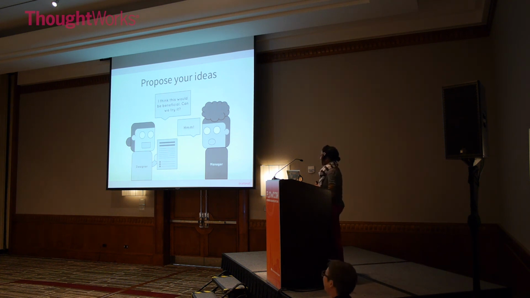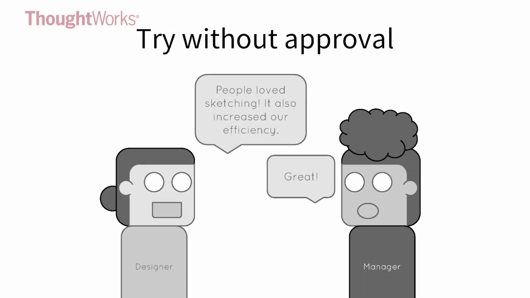I spent about 3 hours one time doing lots of research, watching lots of talks, and just seeing wow, these things really work. And then I wrote a proposal about it, and I sent it to my manager, and they were just like, I don't think we can do that right now. So if that happens to you, then just do it. Just try it out, and hope that it works well. And if it doesn't, then don't ever talk about it again.